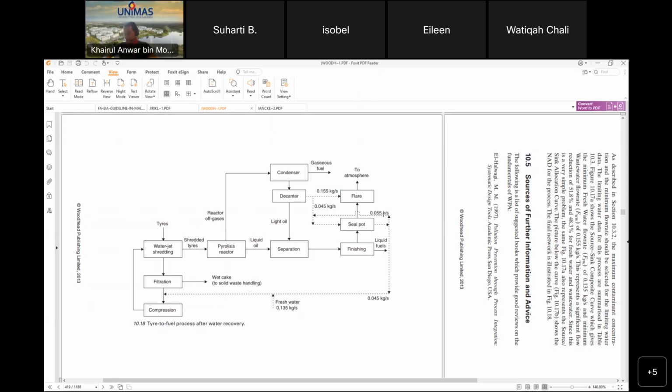Then the remaining goes back to the seal pot. So this is the case study.